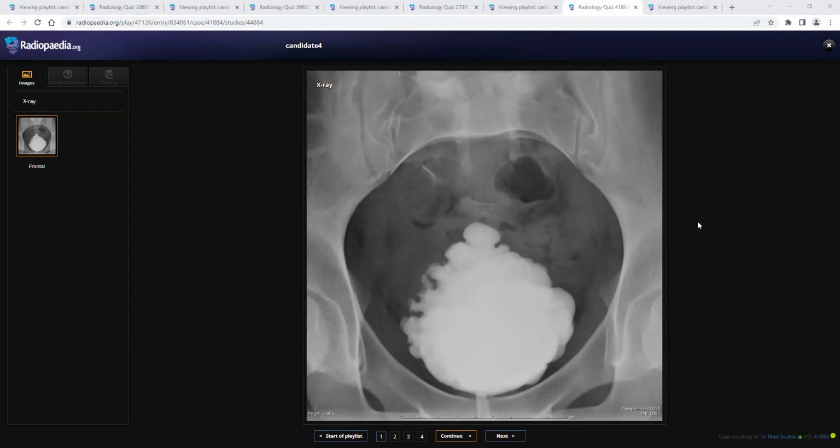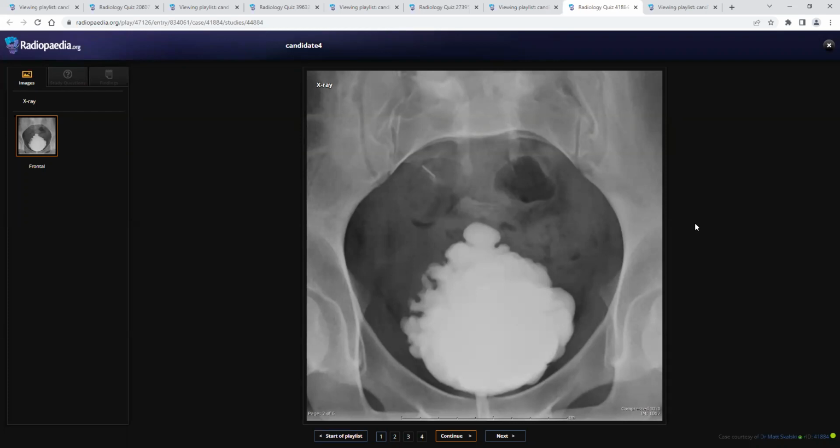Okay. Yeah, this is your first case. Okay, I am given an image of a micturating cystourethrogram. I can see the bladder is irregular with multiple trabeculae and sacculations.